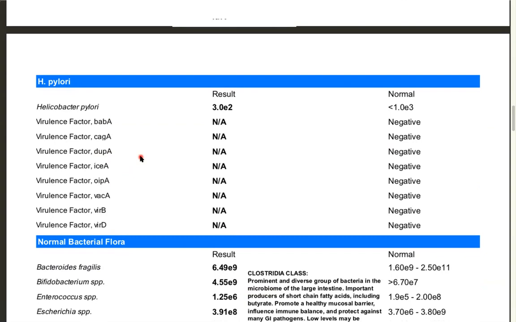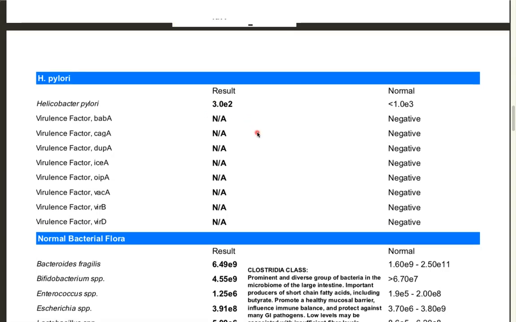It could lead to ulcers, and so it's important that if it's there and it's overgrowing, that it be treated. Now, it's not below detectable limit. It is there, and it's in the stool. So this might mean that in the stomach, it might in fact be overgrowing. So I usually take this result in context with what's going on with the patient. So we'll just keep that in mind.